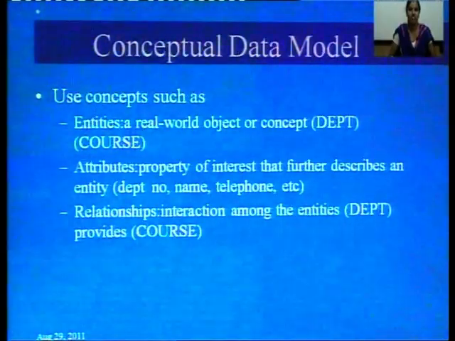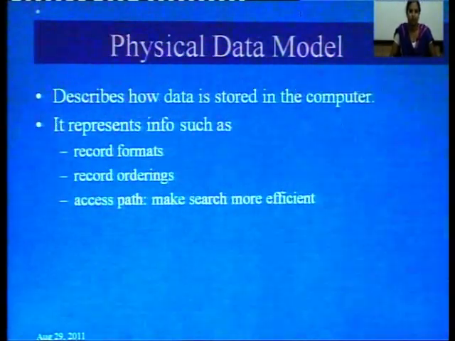Attribute describes the properties of entities. When we describe the properties of entities, we say it is an attribute, and we put one type of entities in one column. This is the attribute. And the relationship is what the two attributes have between them. This is all done at a conceptual data model.